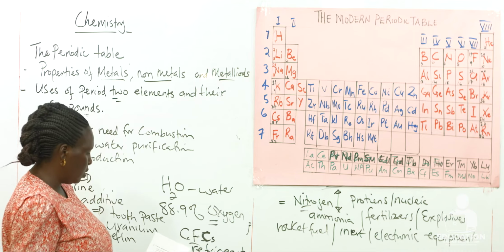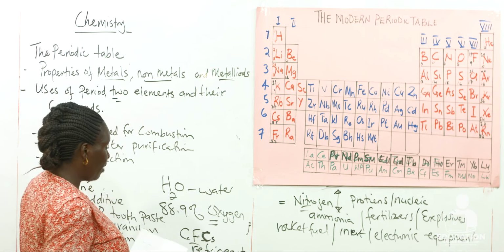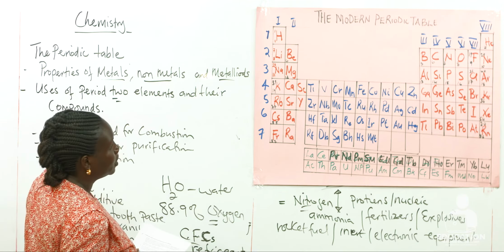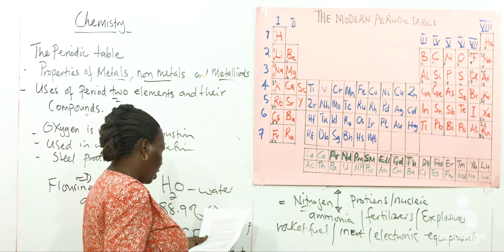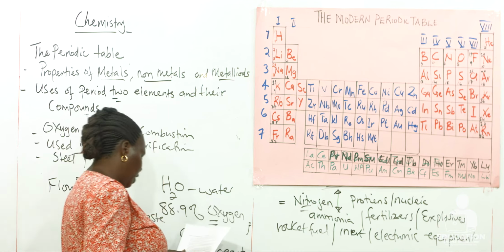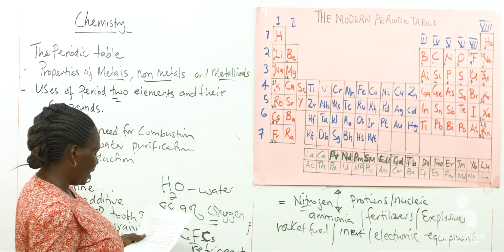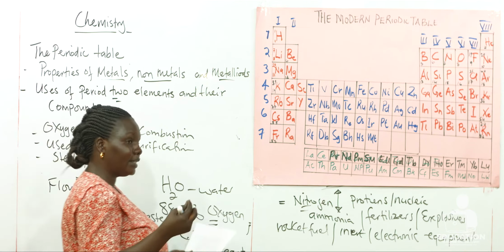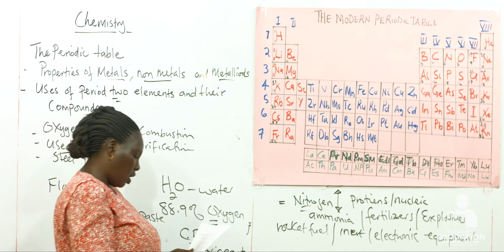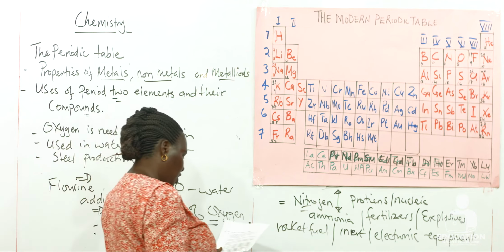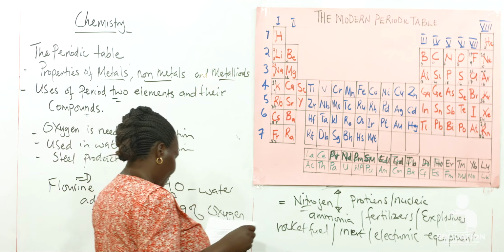Then also the last member of period 2 is neon. Neon is used in lighting. We get it in some electrical bulbs. It is also used in neon lighting for advertising signs.